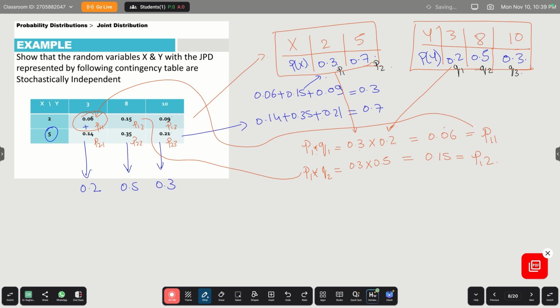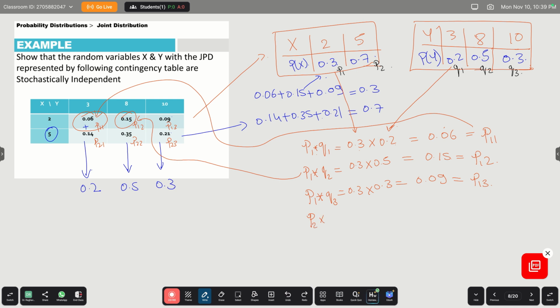P12 is, yes, 0.15. Okay. Similarly, you can check the other values. P1 multiplied by Q3, 0.3 multiplied by 0.3, which is 0.09. Yes, it is equal to P13. And now P1 with all Q's is done.